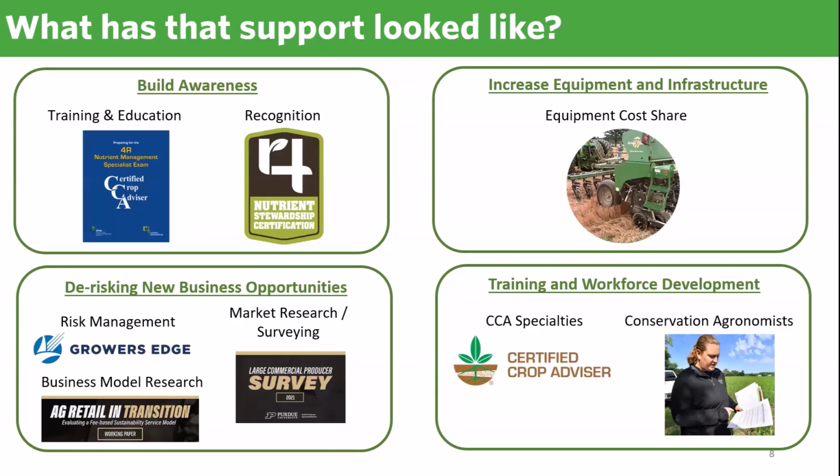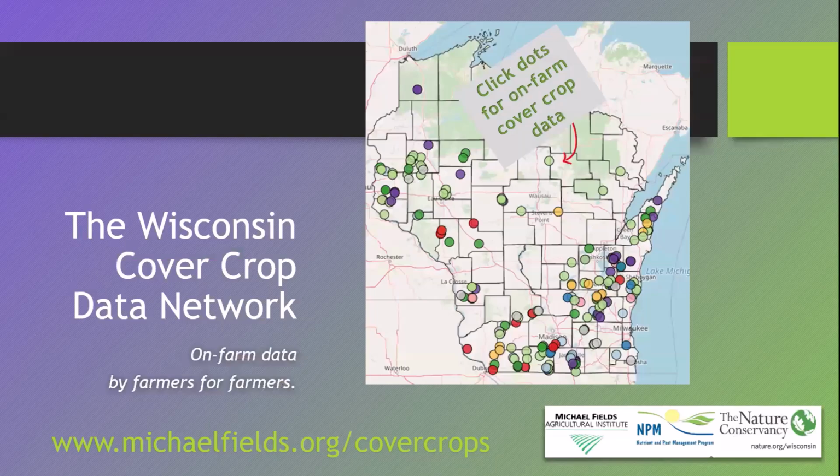Final part of the work is maybe Dan can step in soon, but we are also working on a project in partnership with University of Wisconsin Extension and Microfields that's called the Wisconsin Cover Crop Data Network. As you can see, each of those little pins here are areas where we have a farmer that's filling out a survey and submitting a sample of their fall and spring cover crop.